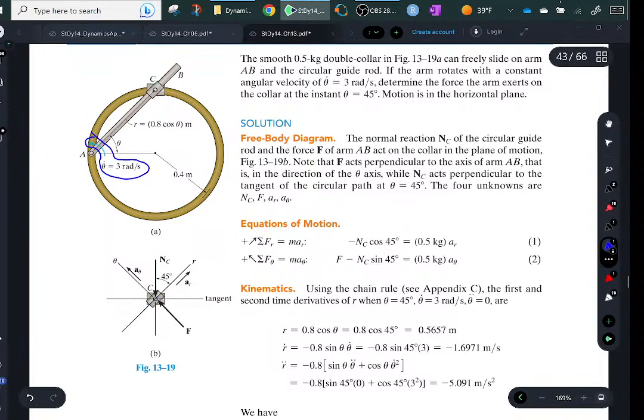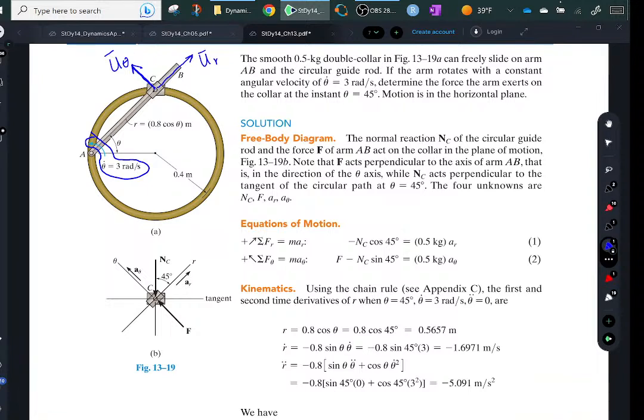So he really wants to know the forces here. Well, let's see if I can do a decent job. Here is the unit vector in the theta direction, and here's the unit vector in the r direction, which he kind of put here and here.